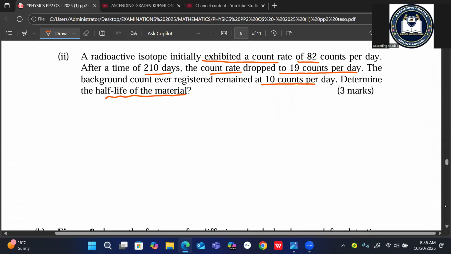Before we solve the question, we need to understand the meaning of background count or background radiation. This is just a recorded form of radiation, even when there is no presence of radioactive material.